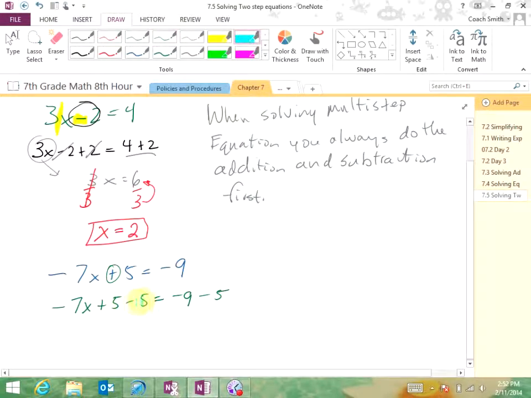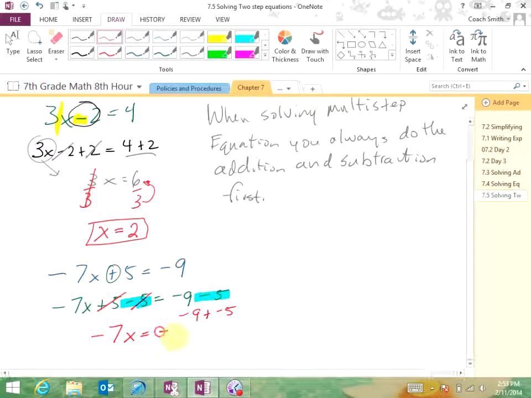Okay, remember the step that we added to both sides was the subtracting of 5. On the left side of the equation, the 5 and the subtracting 5 cancel each other out, leaving me with negative 7x. On the right side of the equation, I have negative 9 plus negative 5, because we have to change all subtraction to addition. Now, negative 9 plus negative 5 is what?